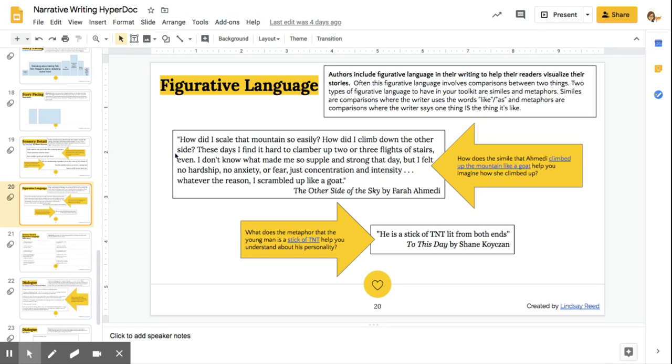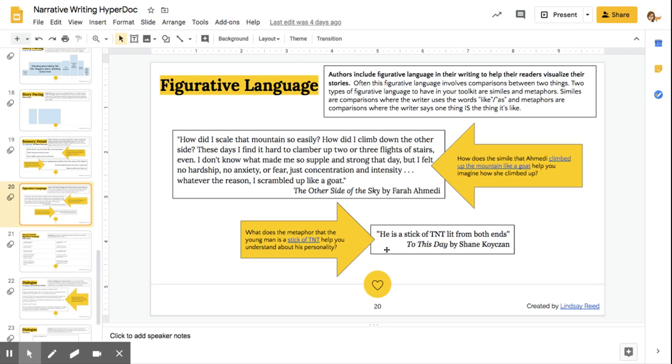I don't know what made me so supple and strong that day, but I felt no hardship, no anxiety or fear, just concentration and intensity. Whatever the reason, I scrambled up like a goat." So with that analogy, she's telling us that it was hardly a problem at all. Goats are really good mountain climbers, and she was able to move just like a goat that day. So it wasn't a problem for her.